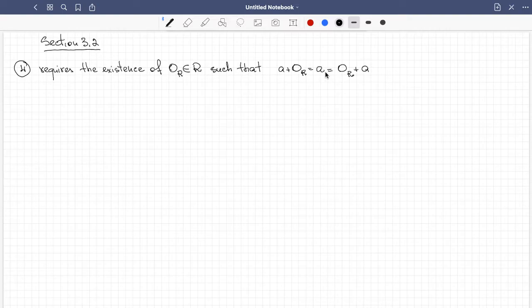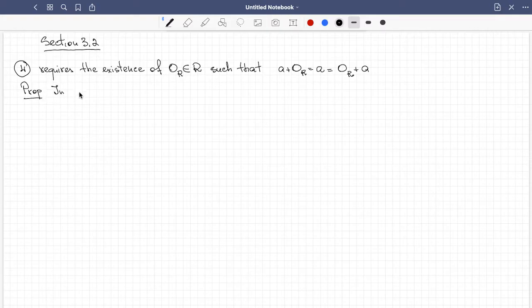Well, the first question to address is the requirement that such a zero element exists. There may be several of them. In fact, that's not the case, as the following proposition tells us.